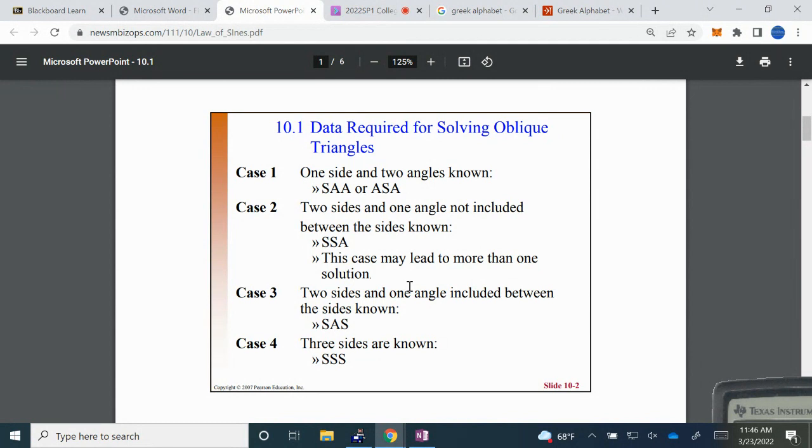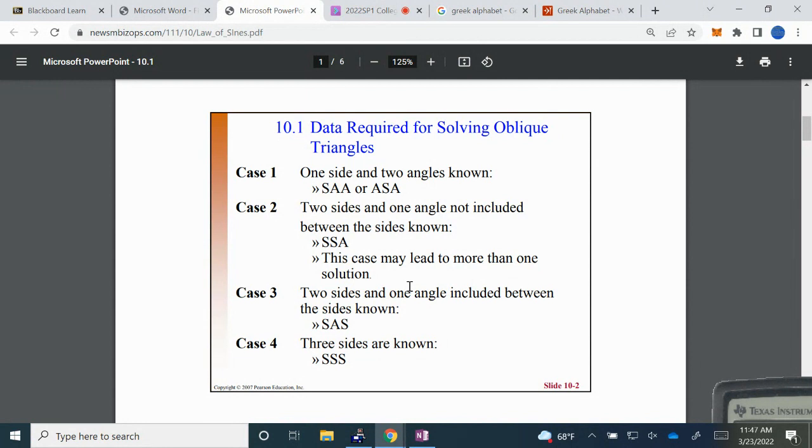Whenever you have a side angle set of measurements, you can have a no triangle solution, a one triangle solution, or a two triangle solution. We'll talk more about case number 2 in the next section.